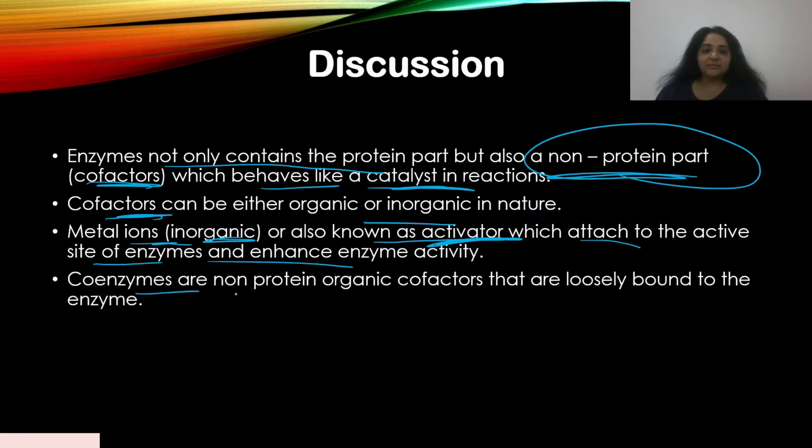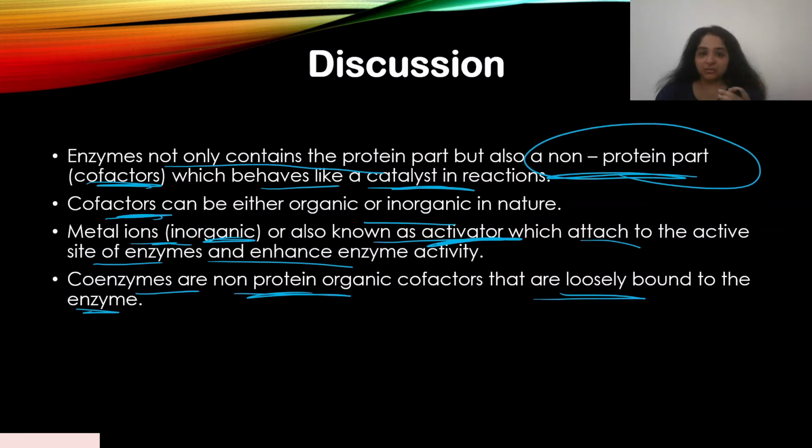Now coenzymes are non-protein organic factors that are loosely bound to the enzyme. We spoke about cofactors, which are either organic or inorganic, and that's a very important concept to understand in enzymes. We'll come to enzymes later on. The inorganic part are those metal ions that we spoke about. They're the minor elements, known as activators, which enhance the rate of the reaction.